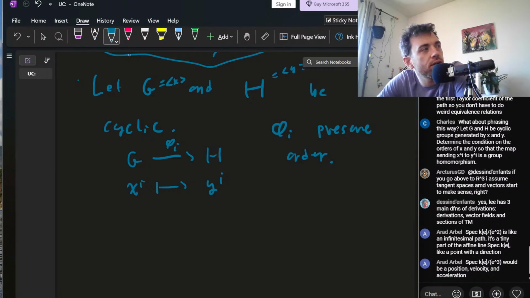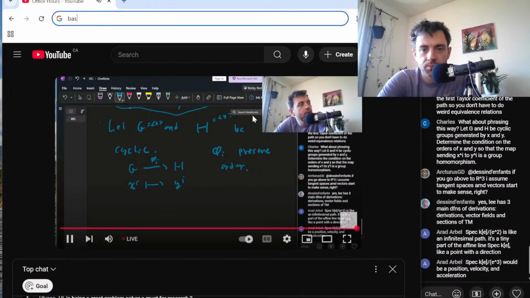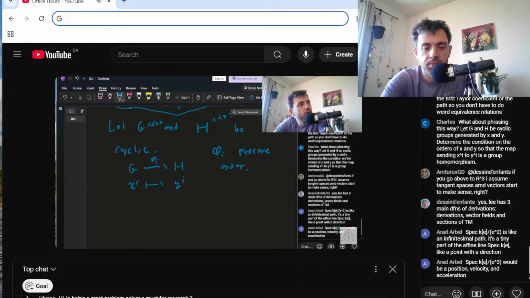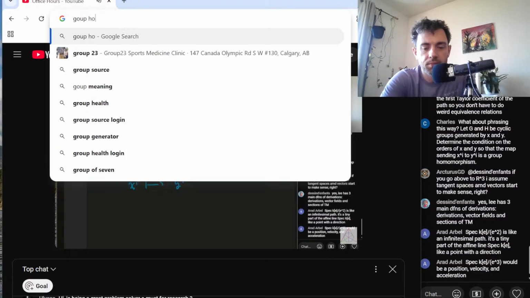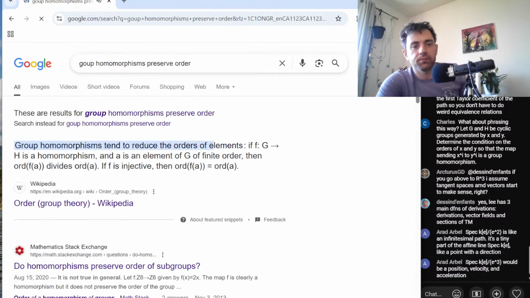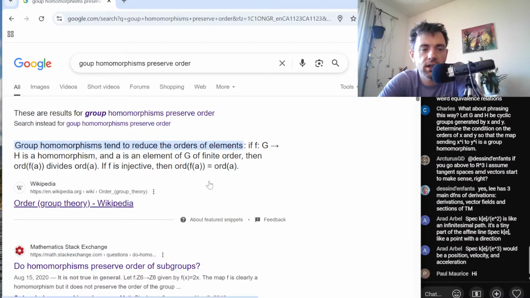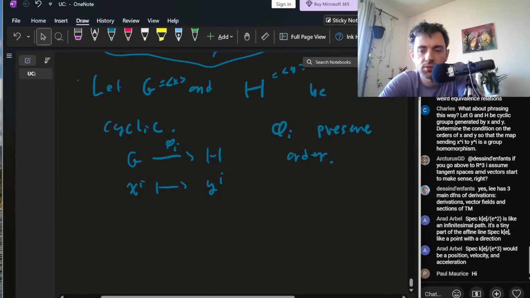Does it just need to divide the order? Now I'm spacing out. No, group homomorphisms preserve order, right? I'm crazy. This is basic math. Yeah. Oh, if F is injective. Right. I see. Yeah, it has to divide. Right. Okay, that makes more sense.